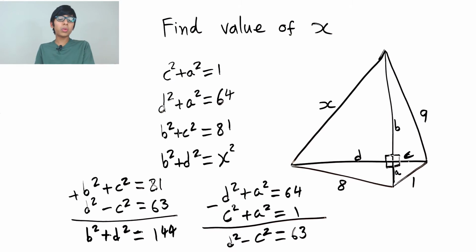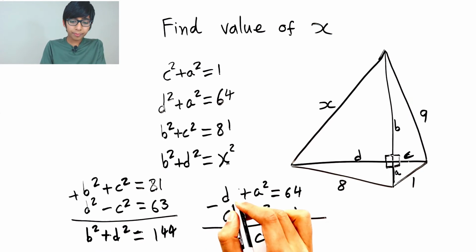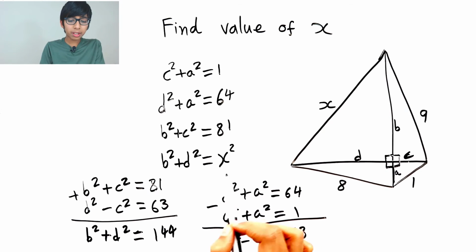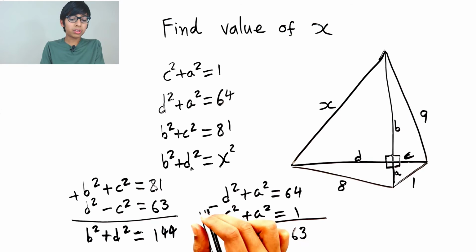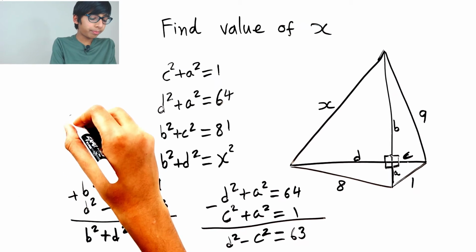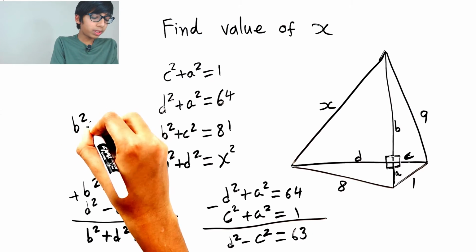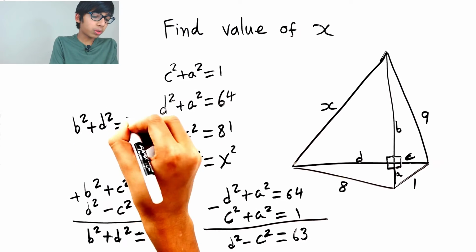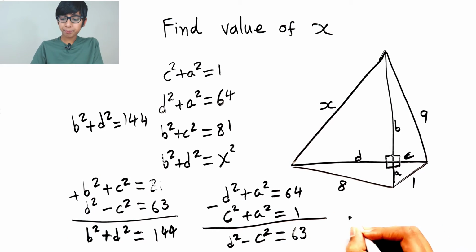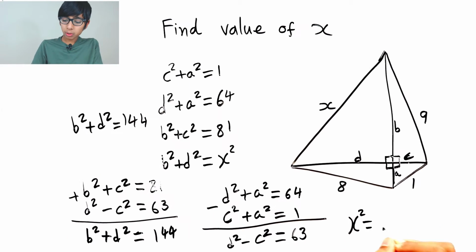So we have 144 equals b squared plus d squared, and we have x squared equals d squared plus b squared. Let's put this equation over here: b squared plus d squared equals 144. That means x squared equals 144.